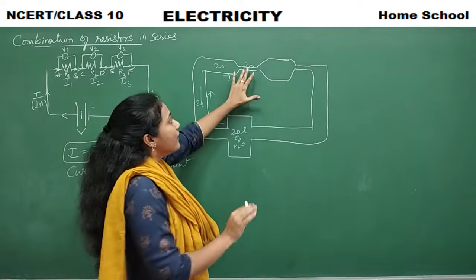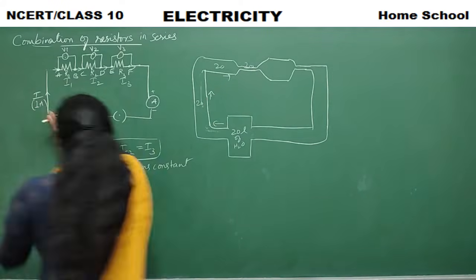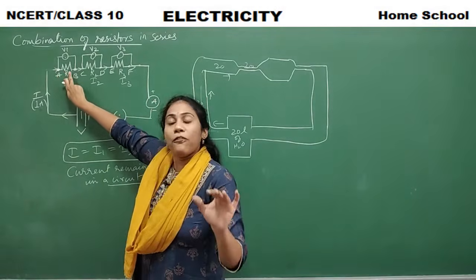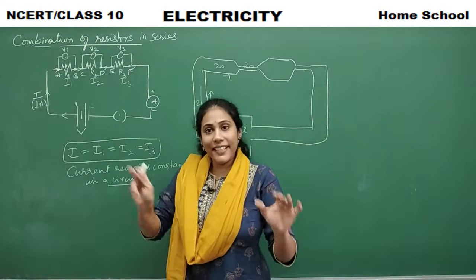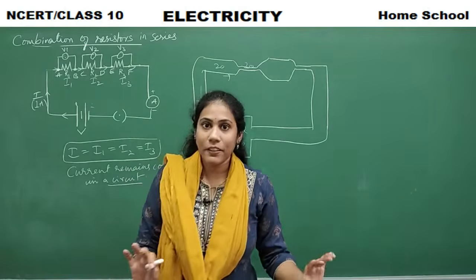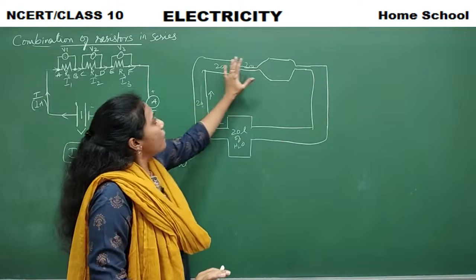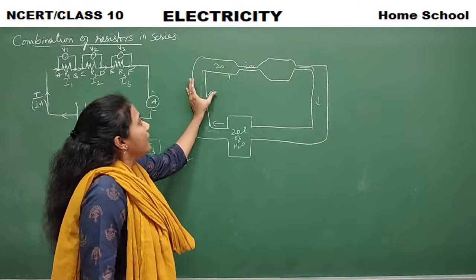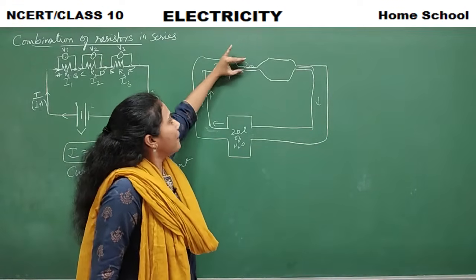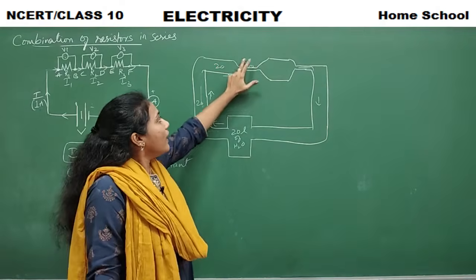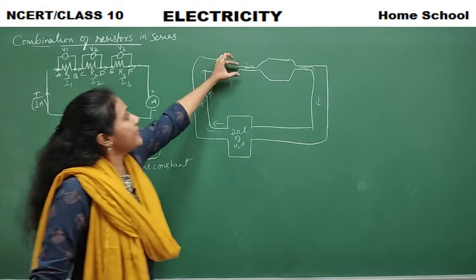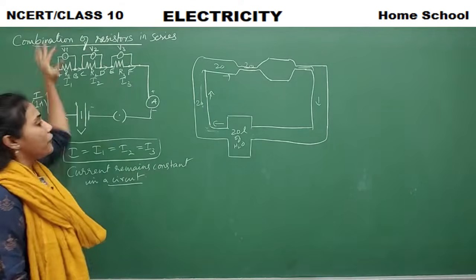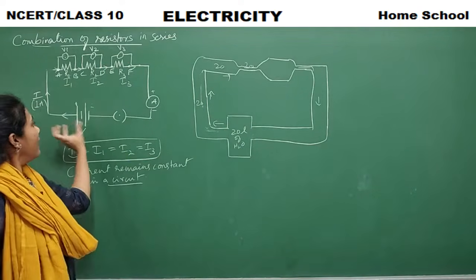But it flows. The same concept here: if 1 ampere of current is flowing, that same 1 ampere of current will flow through these resistors also. The thing is, it will flow a little slow, that's it. See, the 20 liters of water will flow throughout the pipe, whether it is fatter or somewhere in the middle the pipe may be thinner, right? So here, it's like a resistor. This narrower pipe is something like a resistor, and flow of water is nothing but your flow of current. The pump compares with the source.